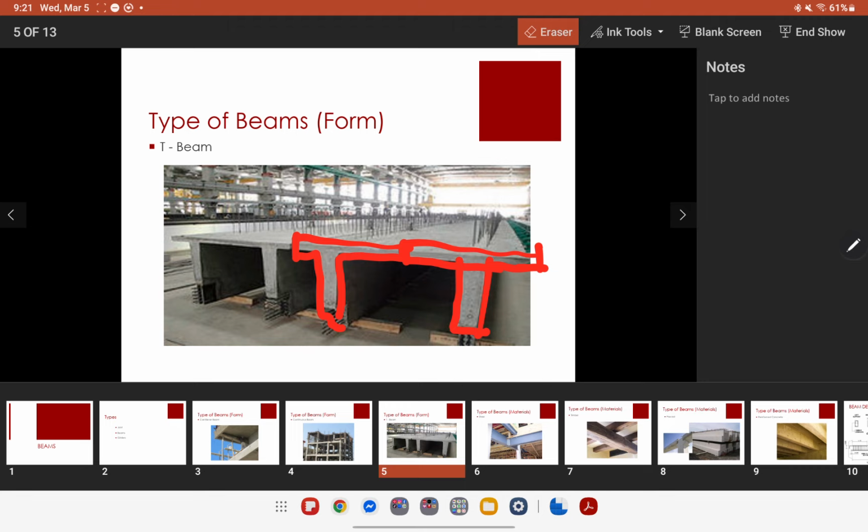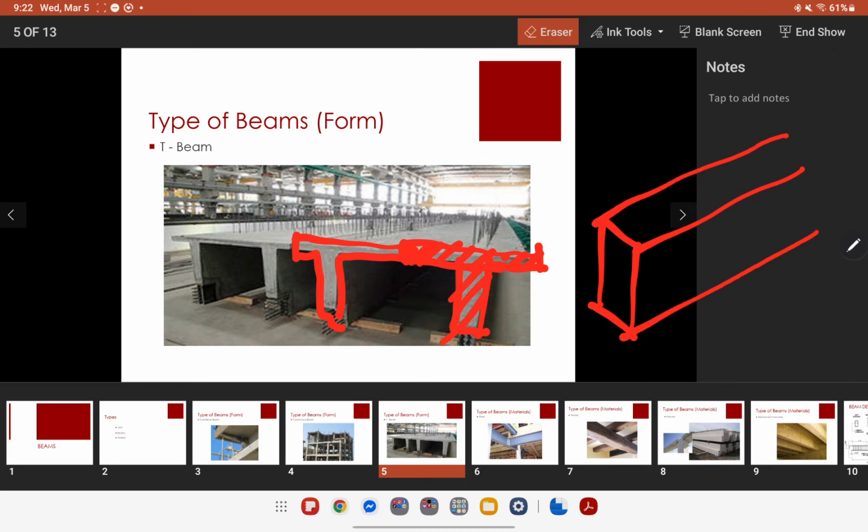See? As you can see, this whole thing is actually part of the beam itself. Unlike the shape that we usually know of, that the regular beams are shaped in a rectangular cross-section, while this one follows a letter T configuration.